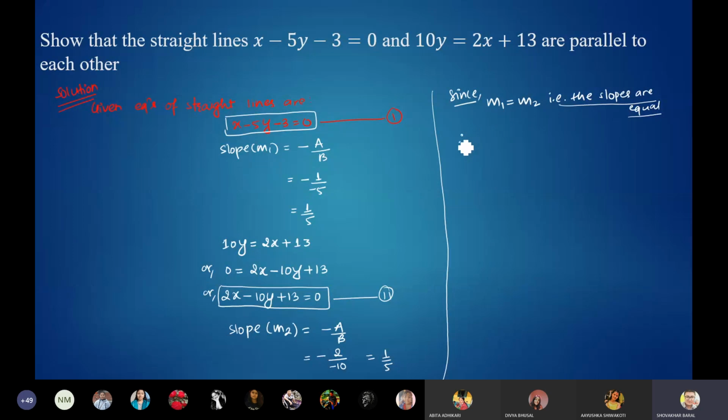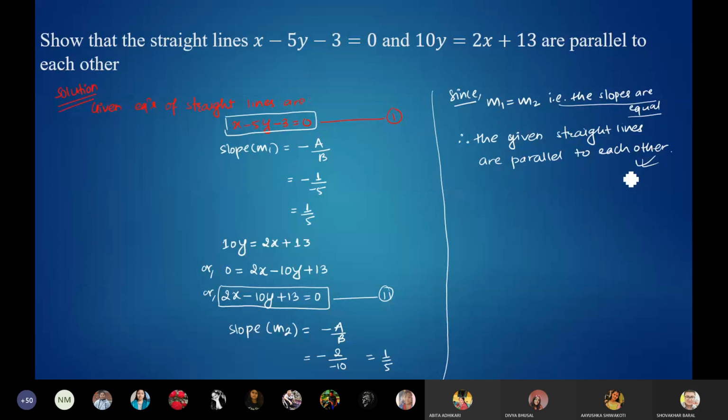Since m1 is equal to m2, therefore the given straight lines are parallel to each other. Okay, do you understand or not? Therefore the given straight lines are parallel to each other. So let's go to the next question.